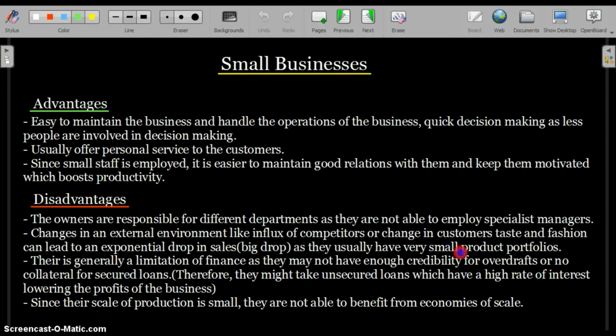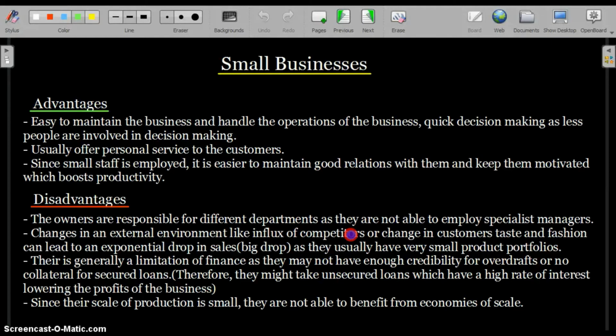With a very small product portfolio, a change in customer taste or an influx of competitors for that particular product means you don't have any other products to offer. So you have to compete on the small number of products that you have, and if those products are also endangered and their demand is gone because of competition or customer taste changes, that becomes an issue and generally leads to failure of the business, a shutdown of the business.